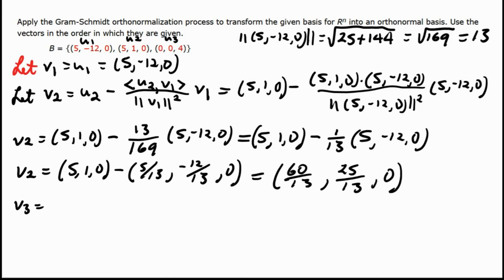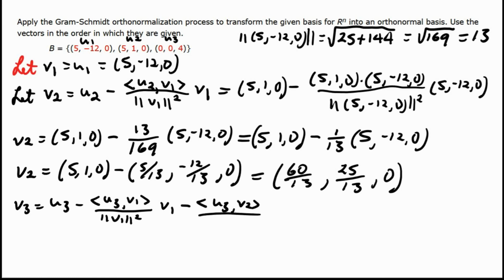Now v sub 3 is u sub 3 minus the inner product of u sub 3 and v sub 1 over the norm of v sub 1 squared times v sub 1, minus the inner product of u sub 3 and v sub 2 over the norm of v sub 2 squared times v sub 2.